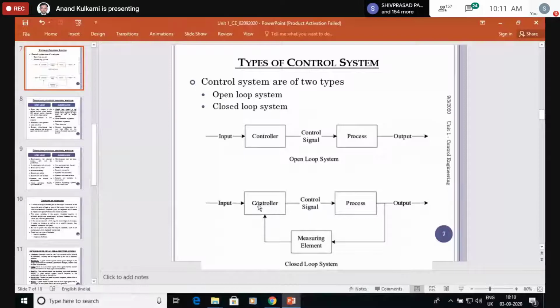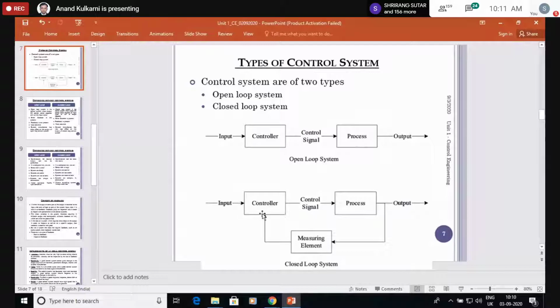Whereas the bottom one is the closed loop control system. In this closed loop control system, there is an input. The modification is the feedback. See here, this is a measuring system or a feedback system. That means whether the required output has been achieved or not is continuously measured, and that feedback is continuously given to the controller.